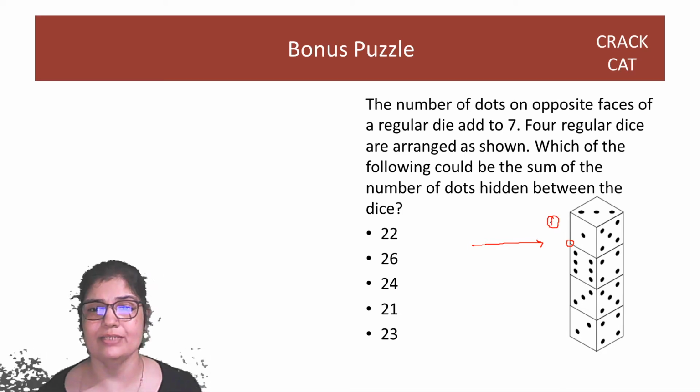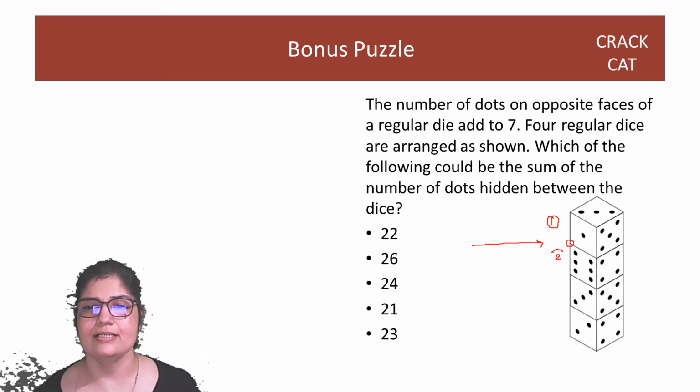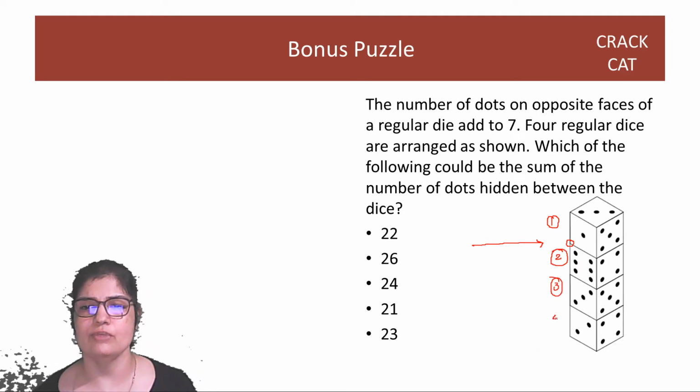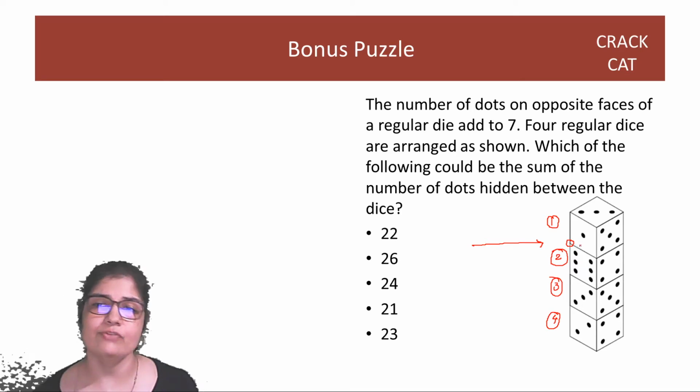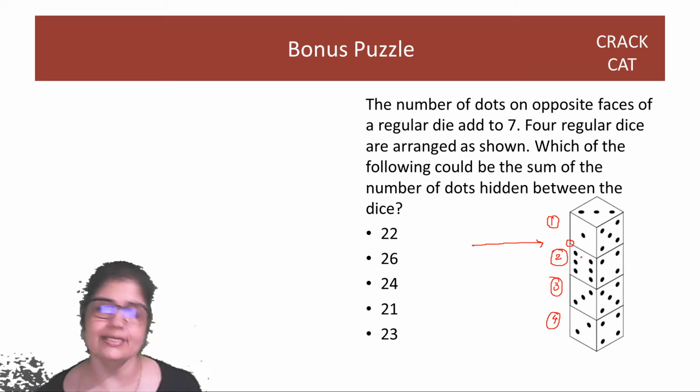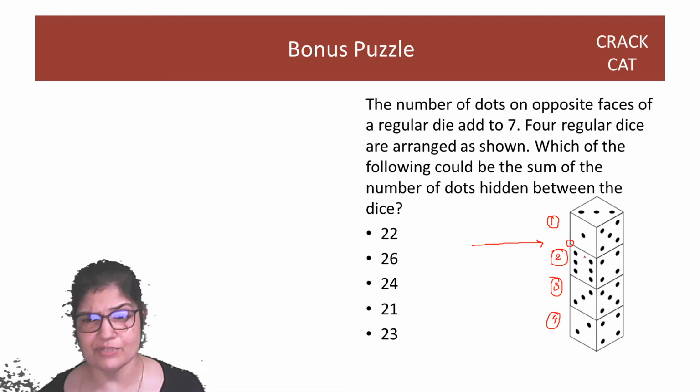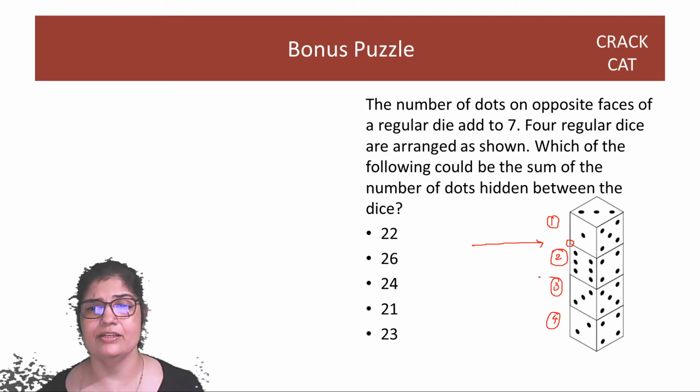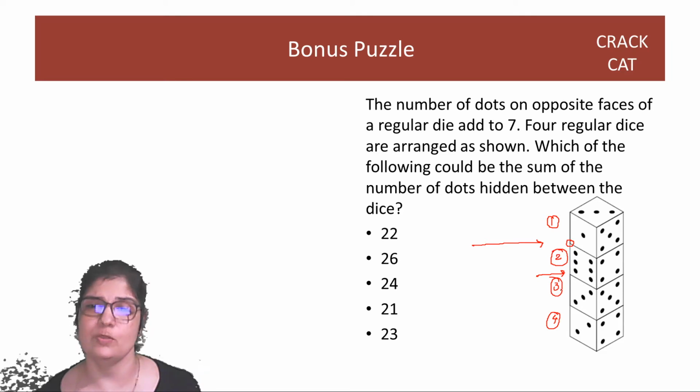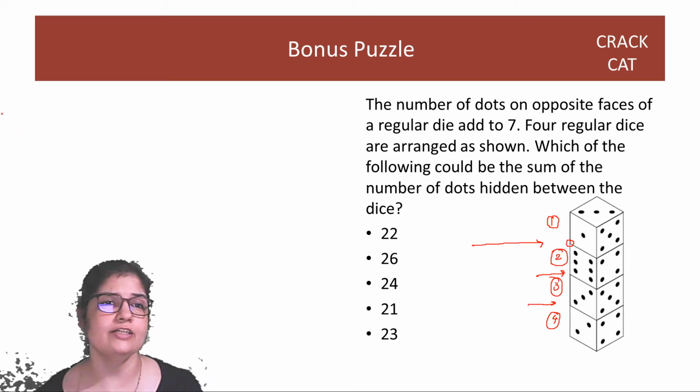So let's number these dice. This is the first dice, second, third and fourth. So you have four dice, right? So at this intersection, you have to add up the bottom of the first dice and top of the second. Here you are adding up bottom of the second and top of the third, and here you are adding up bottom of the third and top of the fourth.